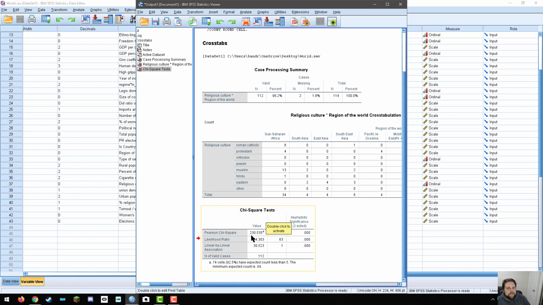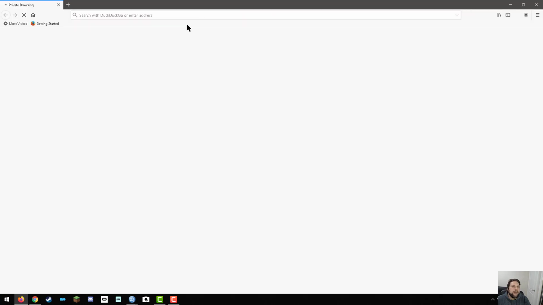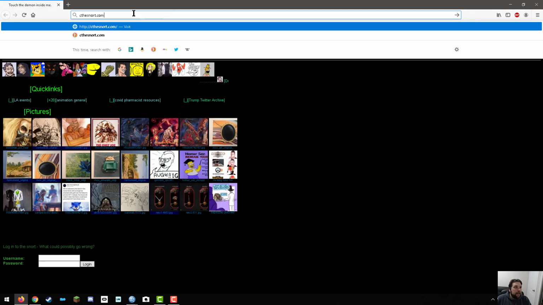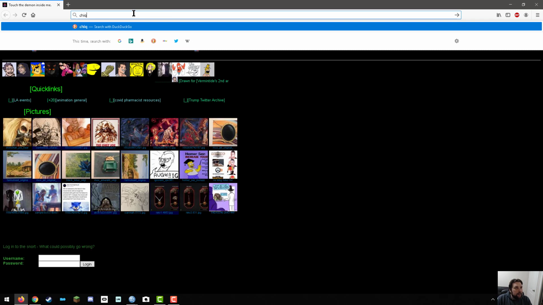It gives you your value here and your degrees of freedom. So if you want to do the old school way of checking to see if your observed value is more extreme than the critical value on a chi-square table, you can quickly open up a search window and look at chi-square.